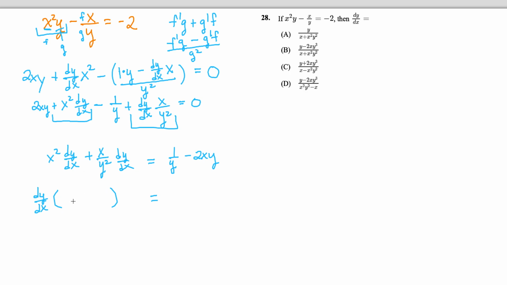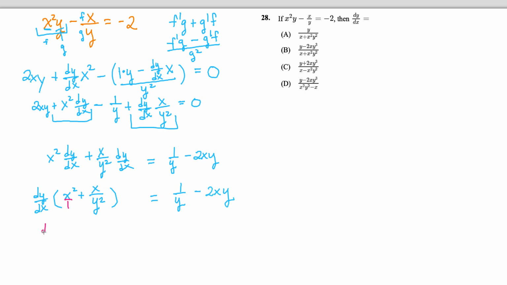But what I want to immediately do is actually get a common denominator, because I need what I get for dy dx to match one of these choices here. So I need to make it look a little nicer. Now I could just write x squared plus x over y squared. I'll do that intermediary step so you see what I mean. What I now have to do is get a common denominator between x squared over 1 and x over y squared, and that's y squared.